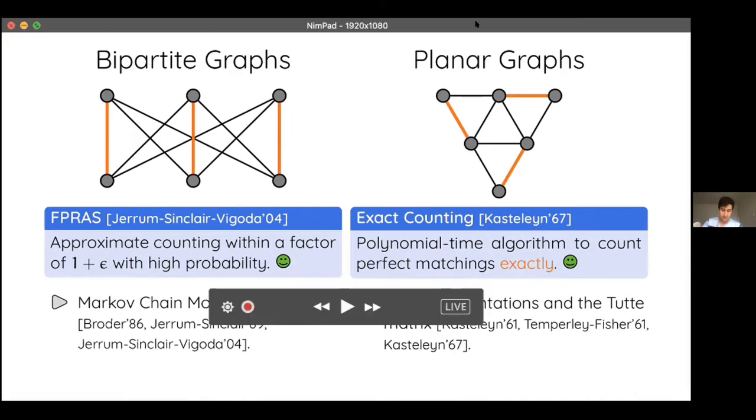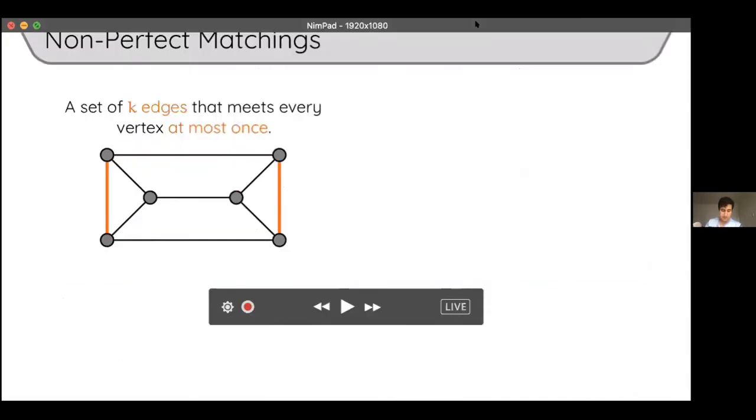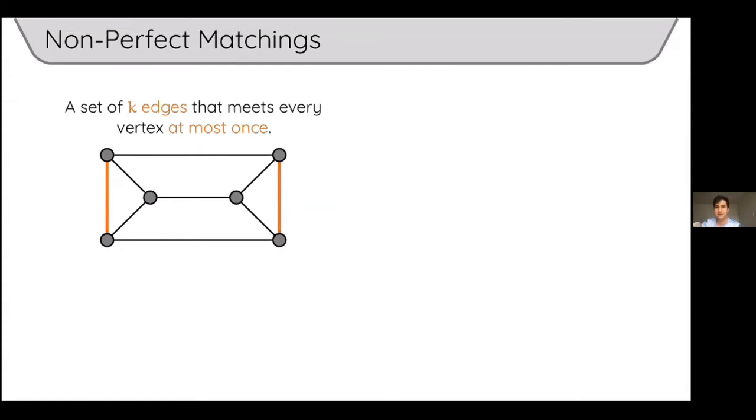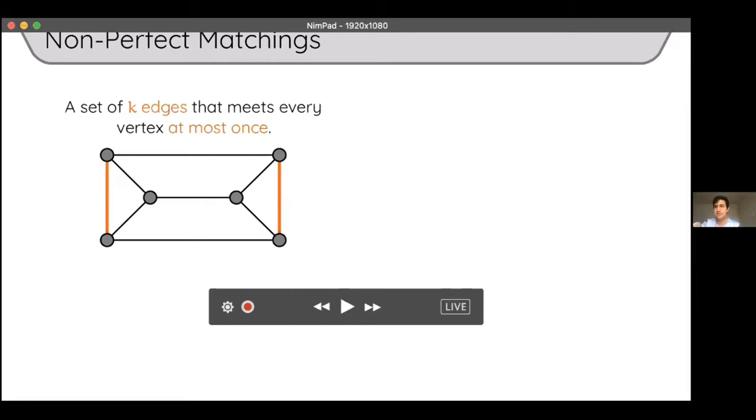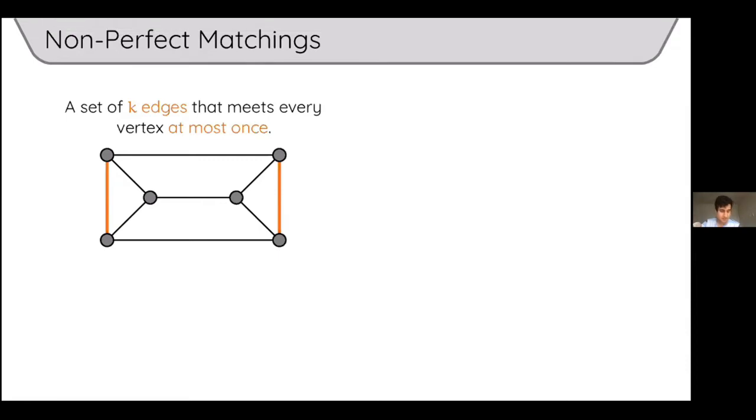All right. So now let me pose a slightly modified question. Suppose that instead of counting perfect matchings, you wanted to count matchings of a particular size k. So k is also input to the algorithm, and you want to count the number of subsets of k edges which are a matching.